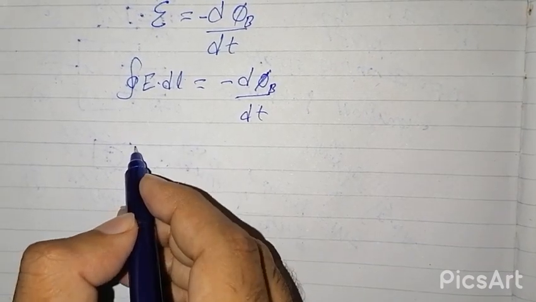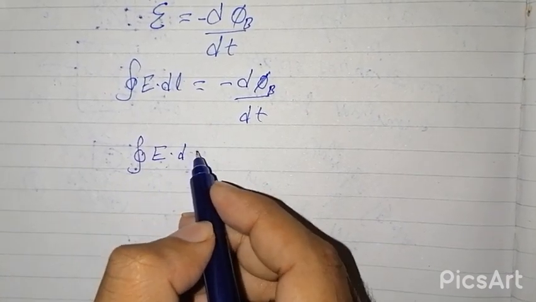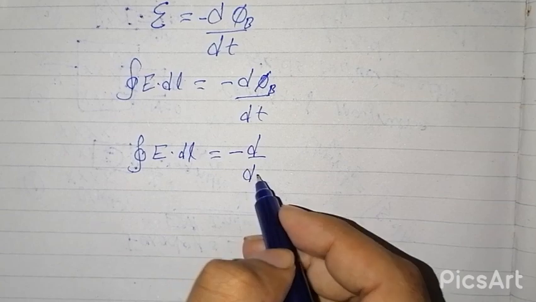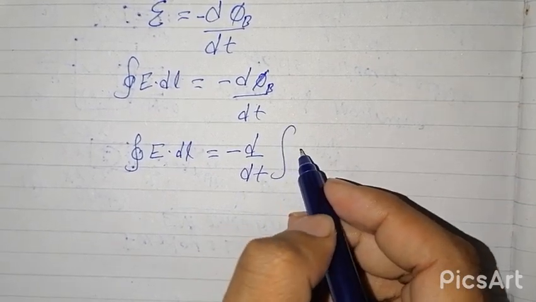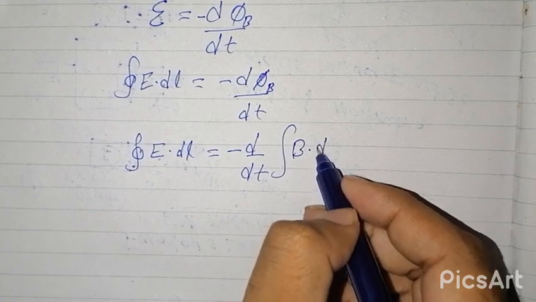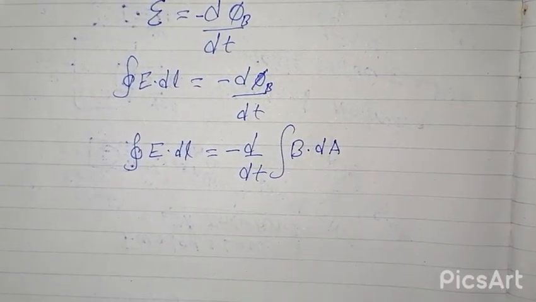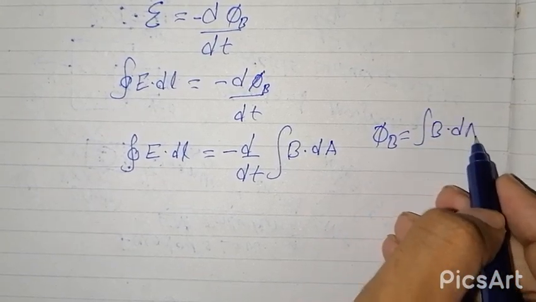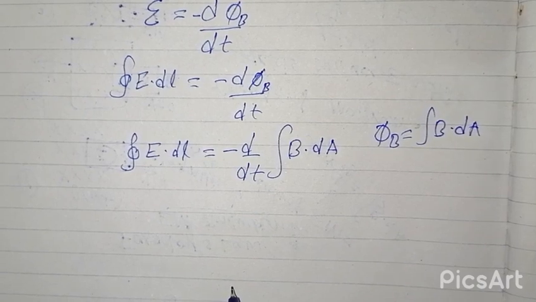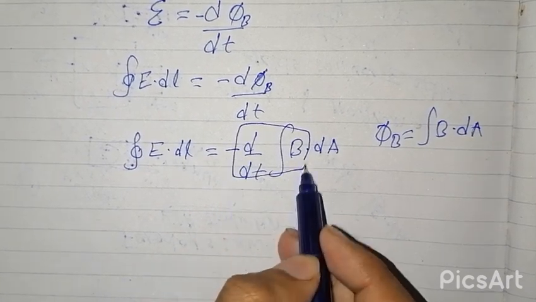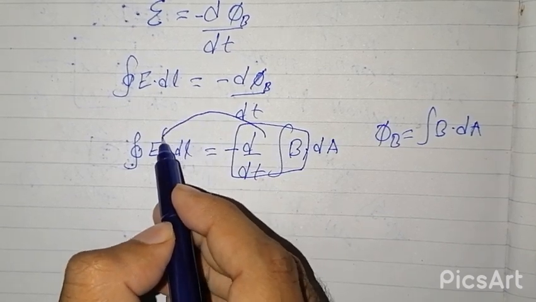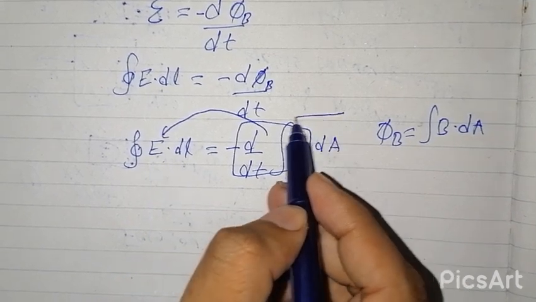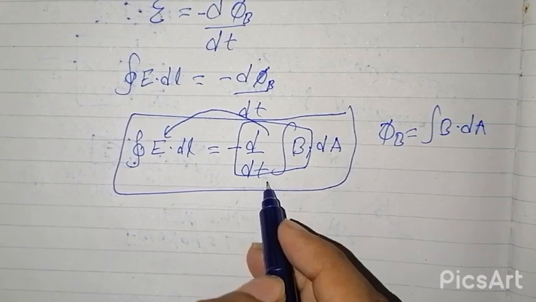Or we can write it also as the integral of E dot dl is equal to minus d by dt of the integral of B dot dA, because magnetic flux is given by B dot dA. So changing magnetic fields create circulating electric fields. So that is the mathematical form of Faraday's law.